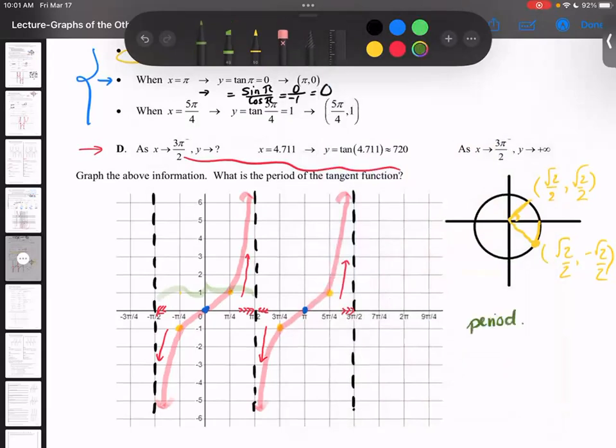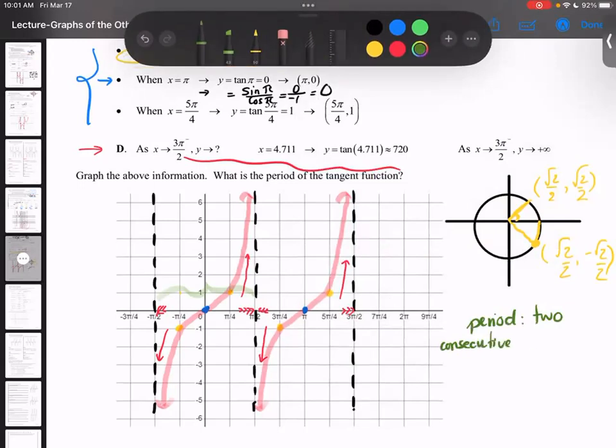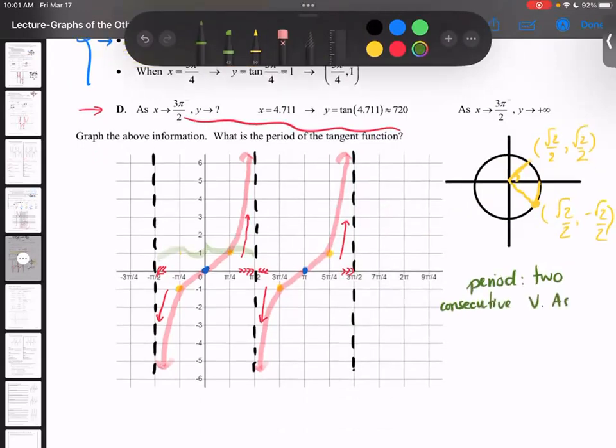So the period of tangent is the distance between two consecutive vertical asymptotes. Pick one, it doesn't matter which one. Let me pick the first one.